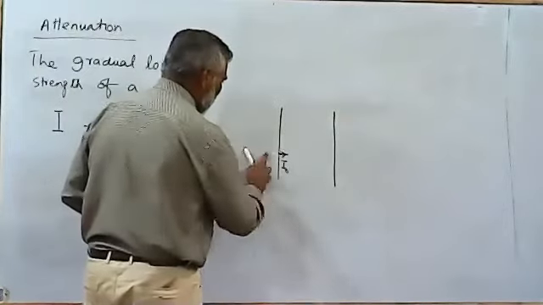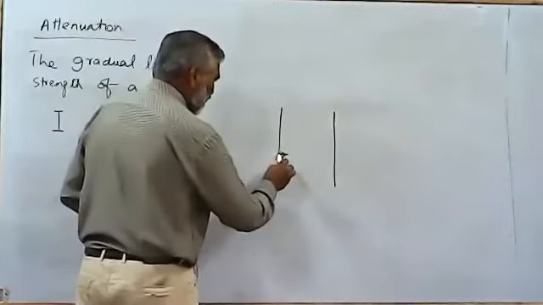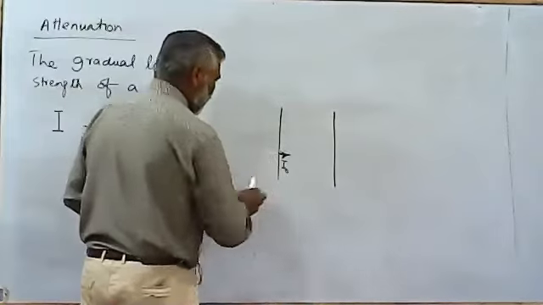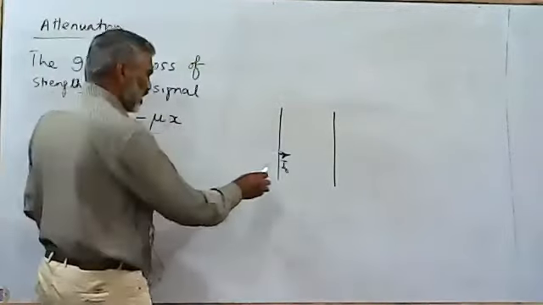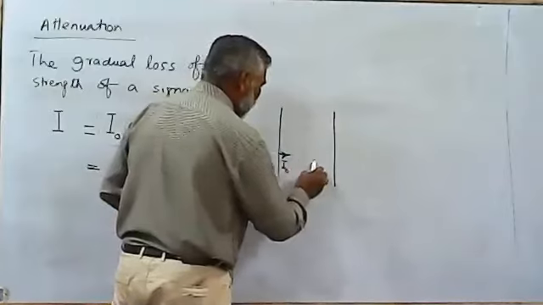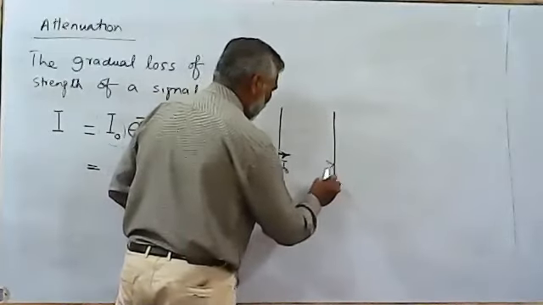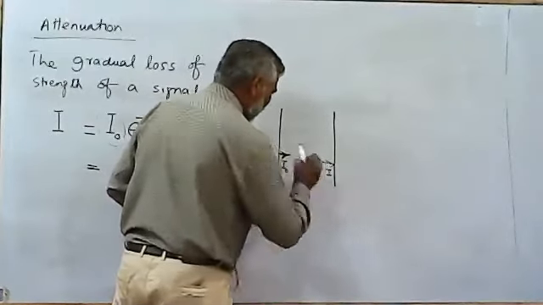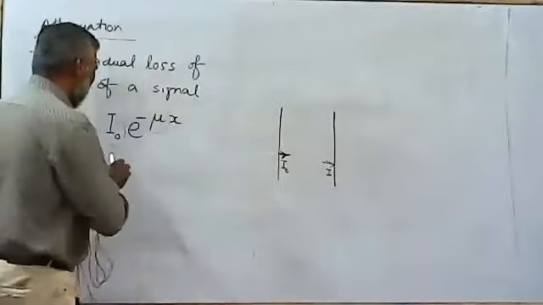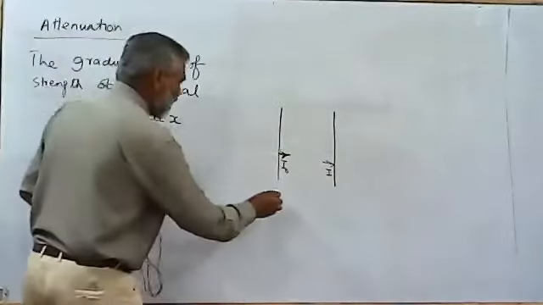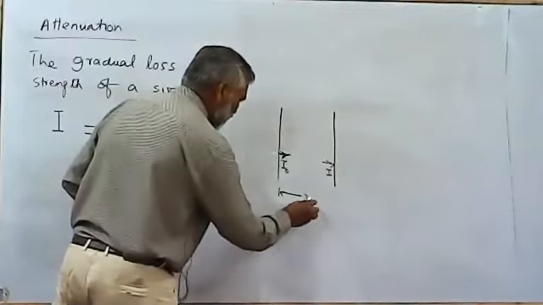So let me start it here. If the original signal upon entering a certain medium is I naught, definitely it is going to be different here. So this will be I, if it has covered a certain length x.